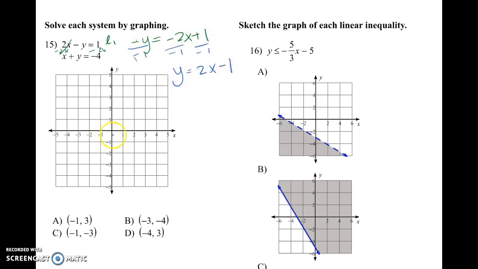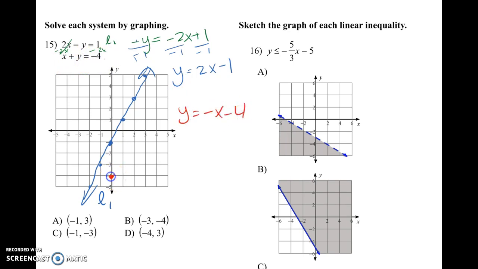So let's graph that. Negative 1, up 2 over 1, up 2 over 1, up 2 over 1. That's line 1. For line 2, I'm going to subtract the x. I'm going to get y equals negative x minus 4.